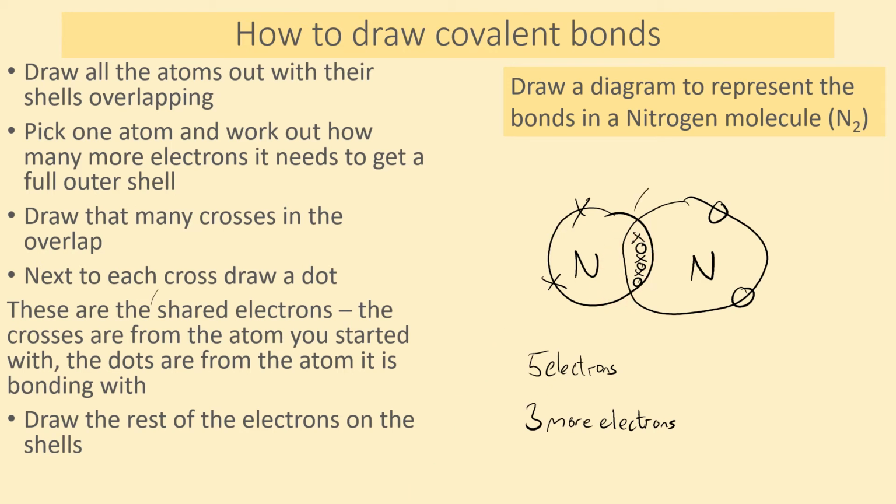On this bit, I've got 3 covalent bonds. Another way for saying 3 covalent bonds would be a triple bond, because I've got 3 of them. So absolutely fantastic. Brilliant. Well done if you got that as well.